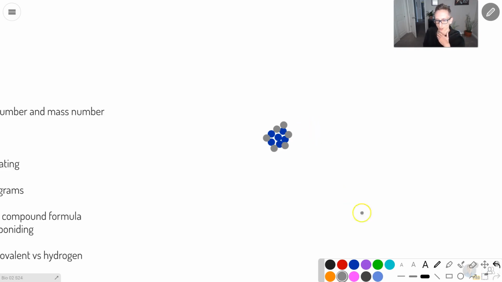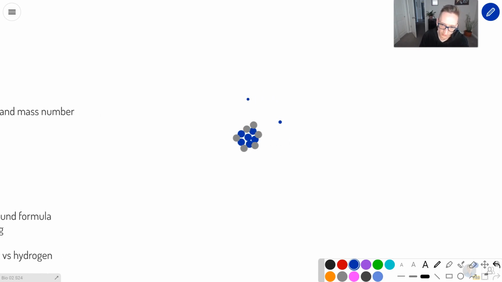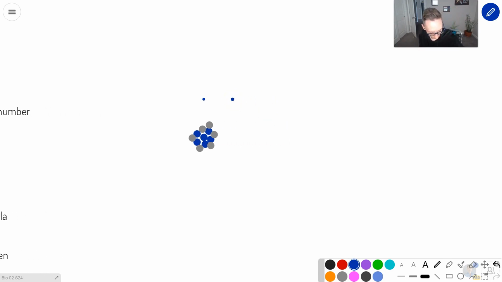All right, so the atomic number of this would be 6, right? Oh, this is acting as a movement key and not a number key. That's strange. Okay, so our atomic number is 6. Atomic number is our protons.